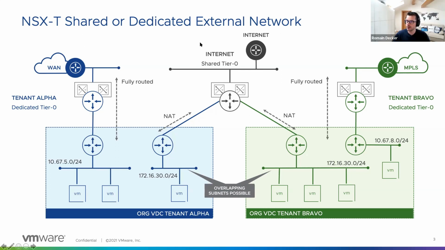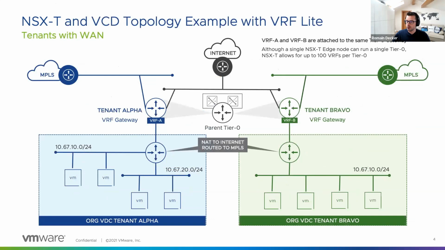So we had this scale consideration, and you had to create multiple edge clusters to run many T0s. In VCD 10.2, we introduced a different concept. NSX-T was already supporting VRF, virtual routing and forwarding, which is a standard even with other vendors.